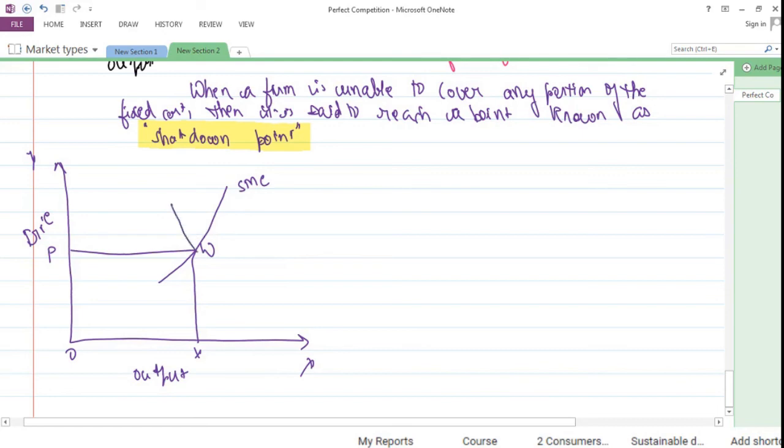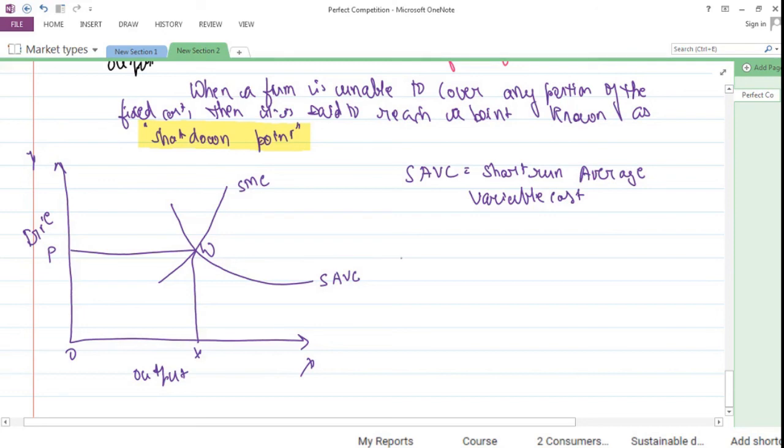If I am able to cover my short run average variable cost, SAVC, then I would be able to undertake production.